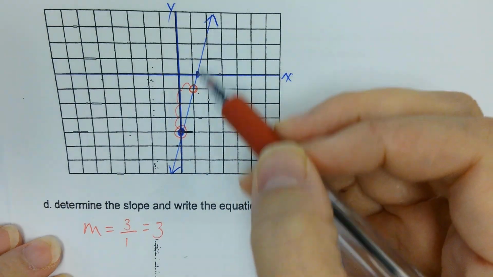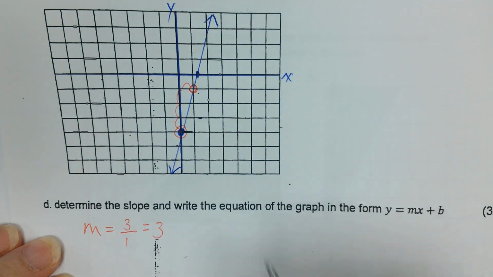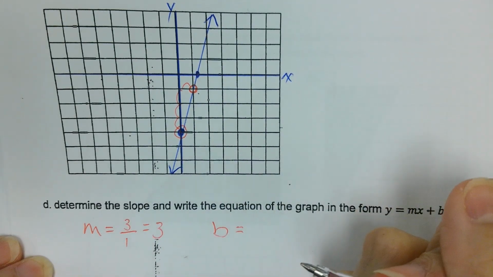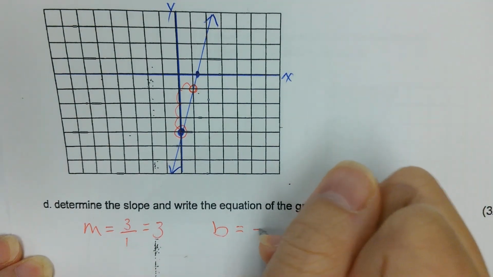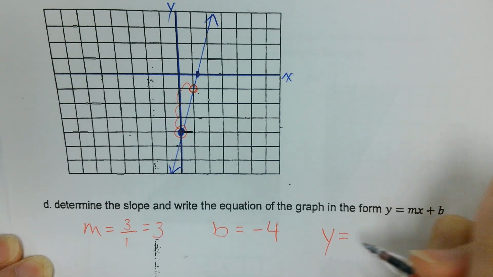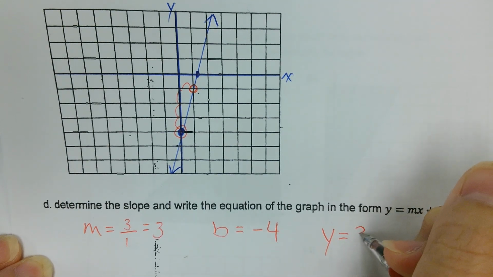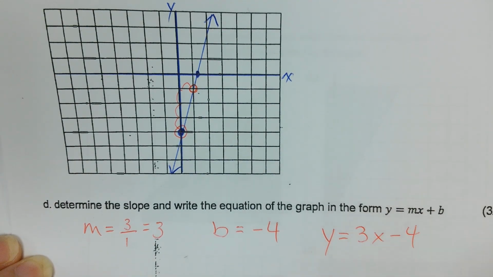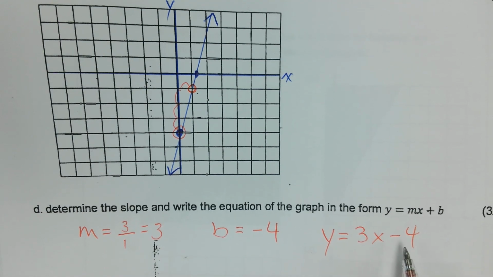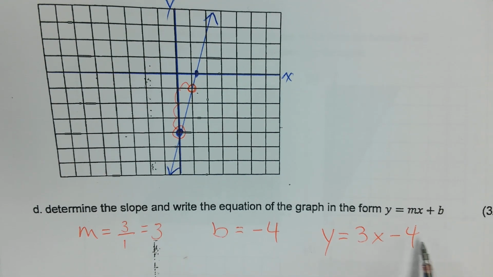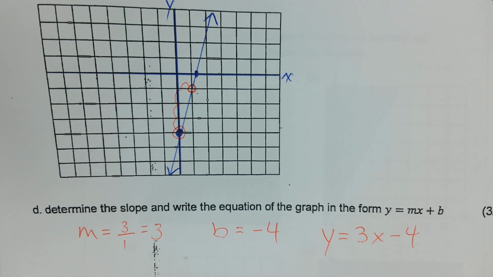Remember, you can choose any points on that line. And what's my y-intercept? -4. So my equation, y equals 3x minus 4, not 3x plus -4.